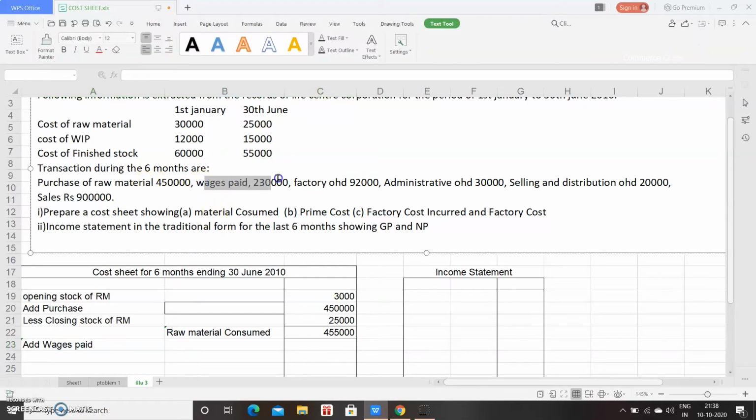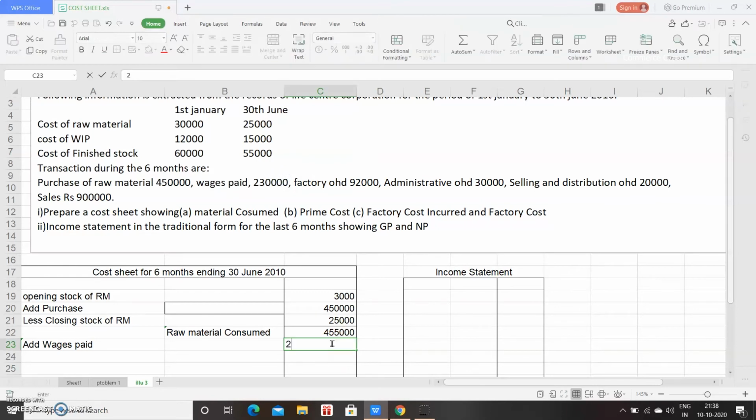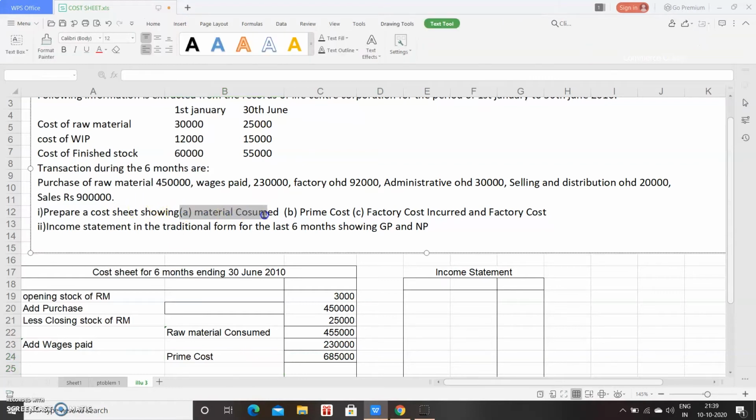Wages paid given is 2,30,000. If we add these two, we will get what is called the prime cost. Prime cost will be 6,85,000. So first two things have been found: material consumed and prime cost.